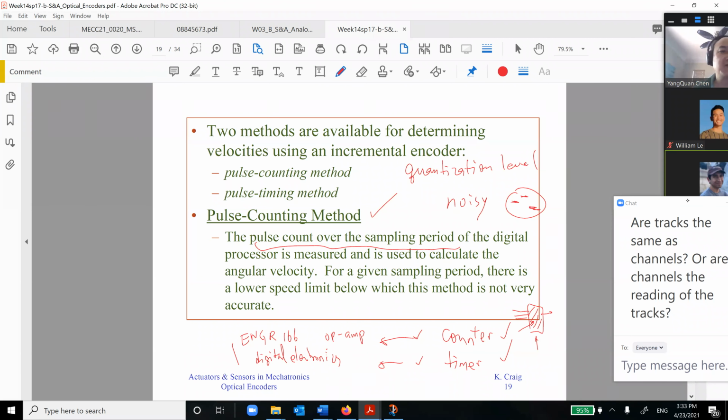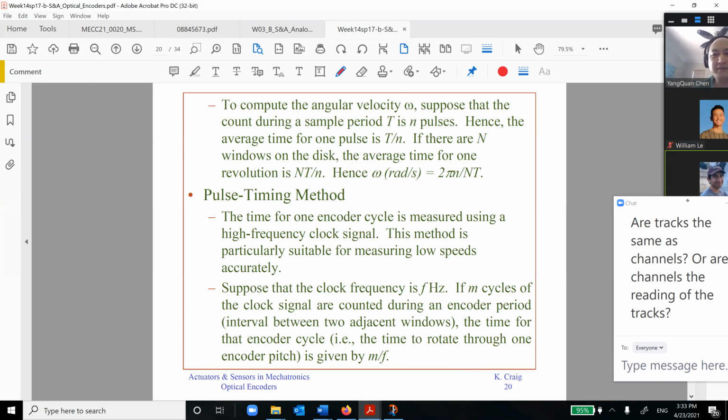What's in between is not certain, so your voltage will jump up and down, up and down. So there is an inaccuracy limit on speed. If your speed is high, it's fine; if your speed is very low, then it's not very accurate.